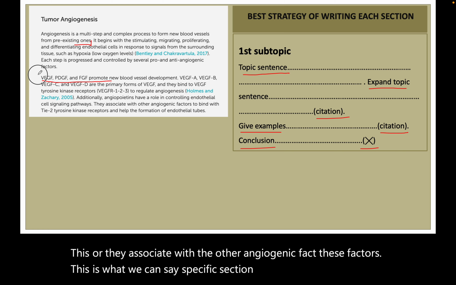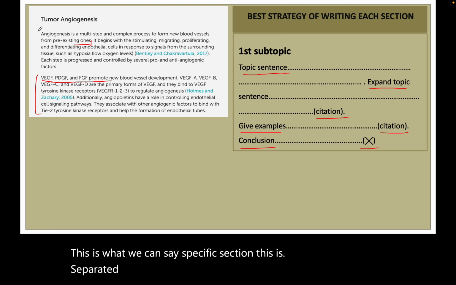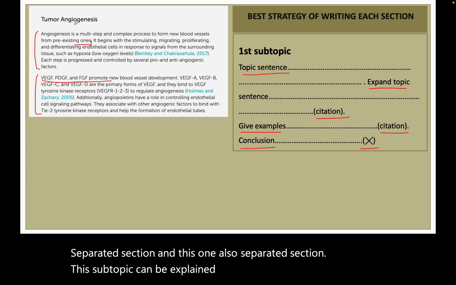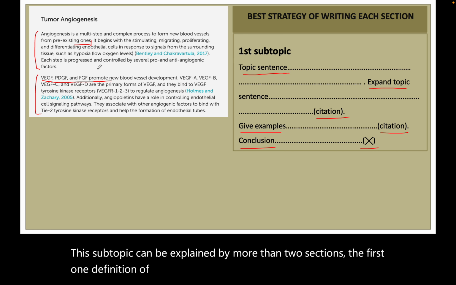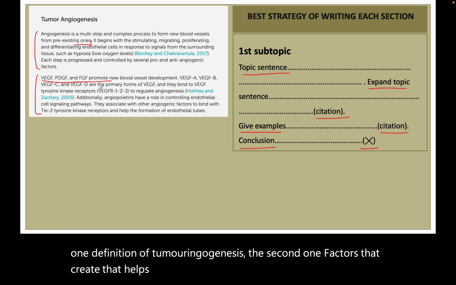This is a separated section, and this one is also a separated section. This subtopic can be explained in more than two sections. The first one, definition of tumor angiogenesis. The second one, factors that help the formation or production of angiogenesis.